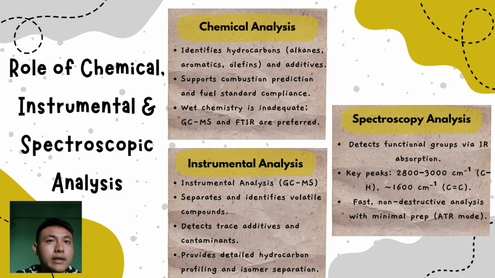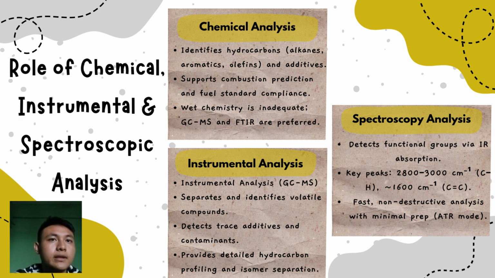First, under chemical analysis, we focus on identifying the types and proportions of hydrocarbons and additives in RON 95. This step is crucial for predicting fuel behavior, such as volatility, knock resistance, and emission. Because of the fuel complexity, conventional wet chemistry wasn't enough, so we used GCMS and FTIR for further analysis.